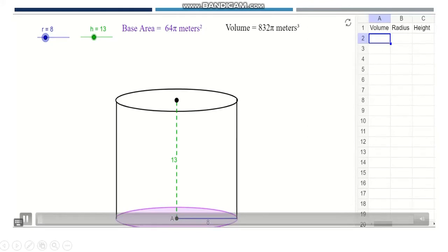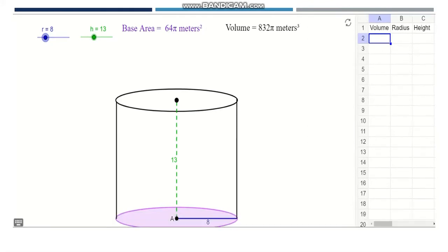Let's work on this GeoGebra file in order to find which tank has enough capacity to take the 270 cubic meters of oil. In order to find whether they have enough capacity or not, we should know that capacity means the volume. When they have enough volume, it means they have enough capacity.